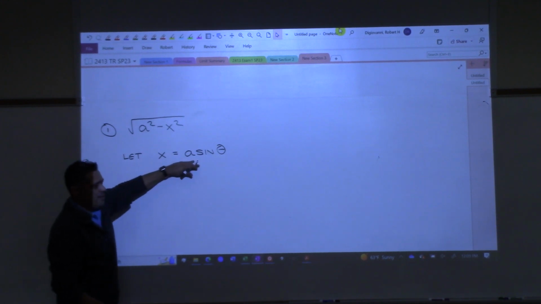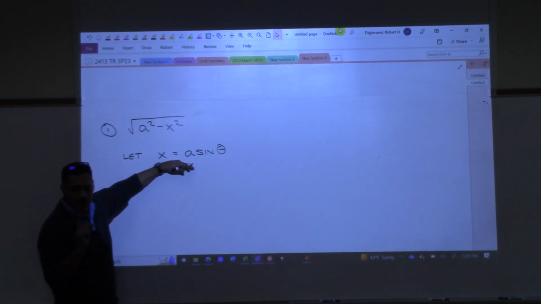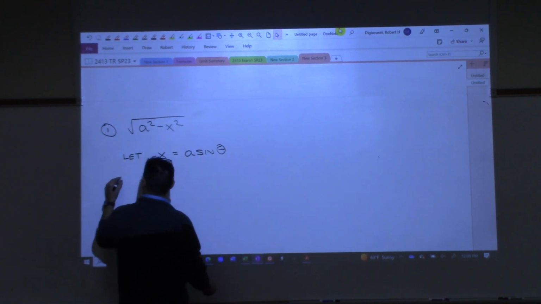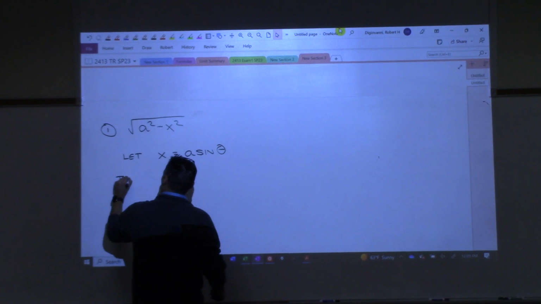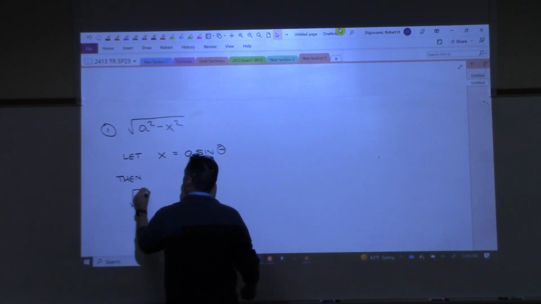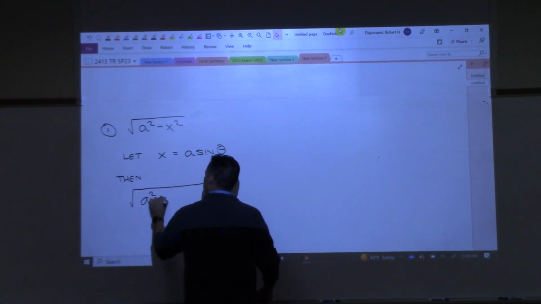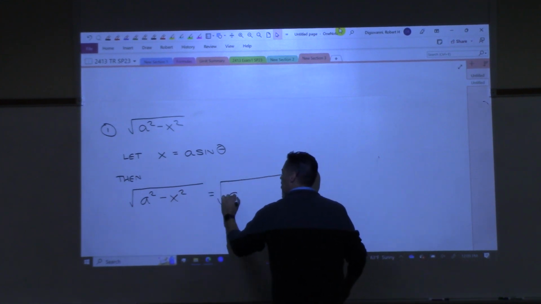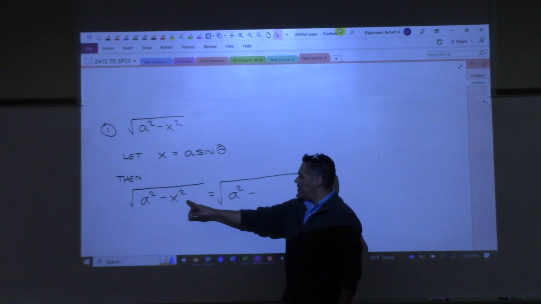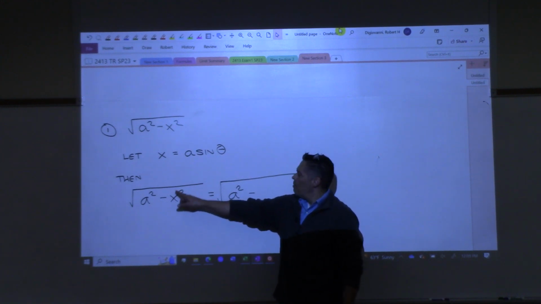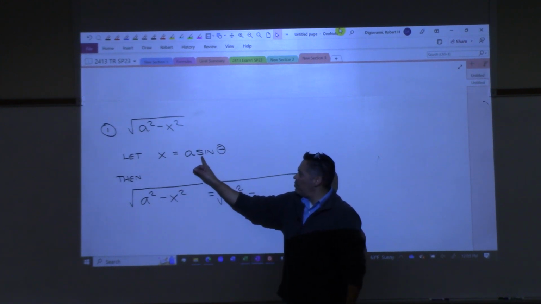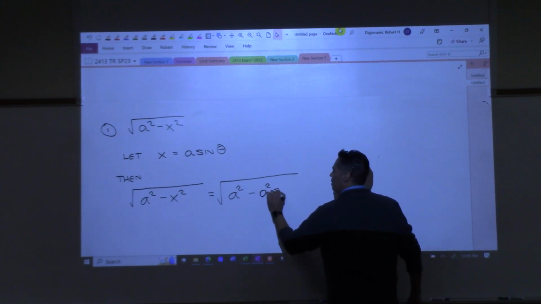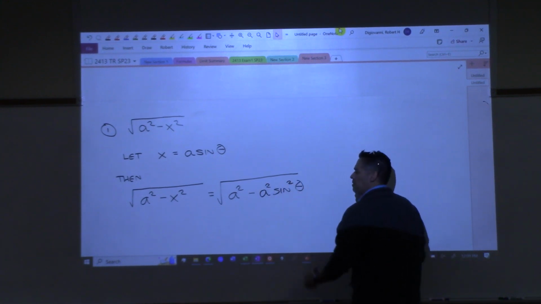If we do this, that step right there is our trig sub. We are making this substitution. If we do that, let's see what this square root would turn into. It would turn into a squared minus, I take the x and square it, right? Well, that's a sine theta now. So what happens if you square a sine theta? What do you get? A squared sine squared theta. Everyone see that?